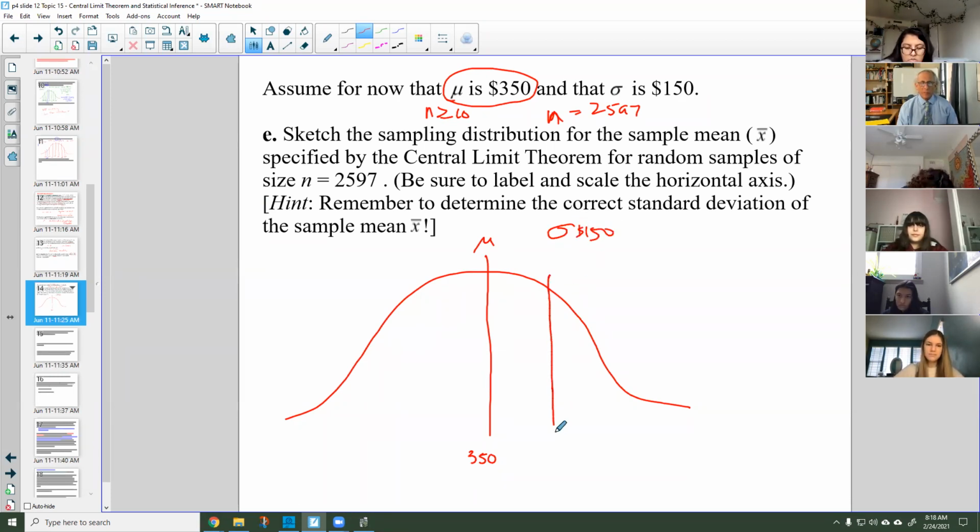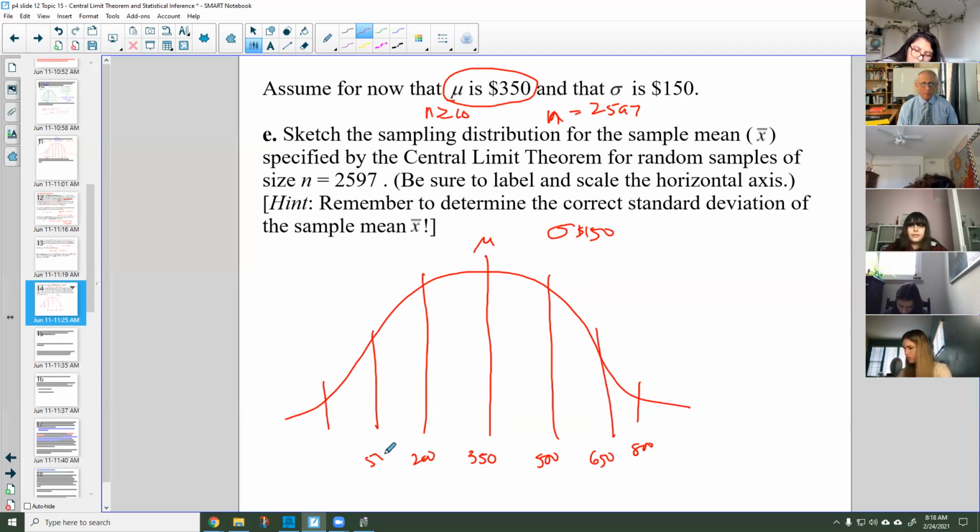So do I do this? 1, 2, 3 standard deviations of 150, that would be 500, 650, 800, and then this would be 250, and then somebody's going into debt here, negative 100. Is that correct? That is not correct. That is wrong.